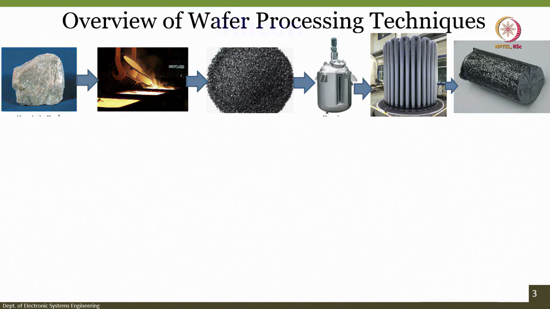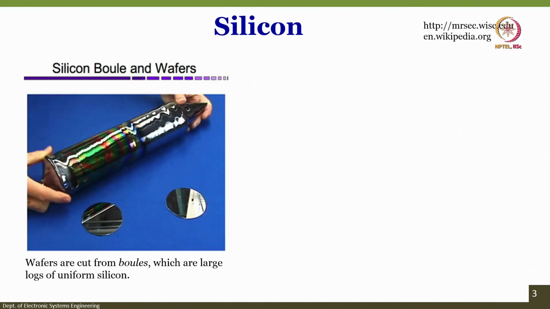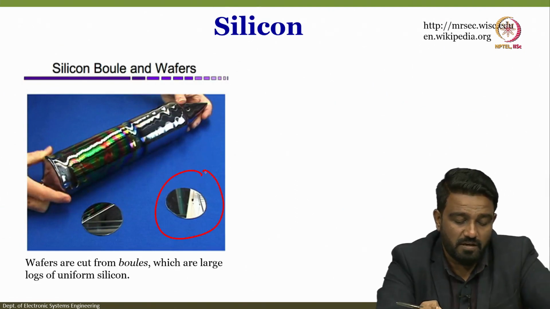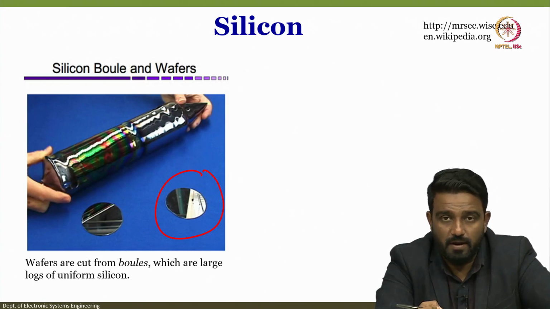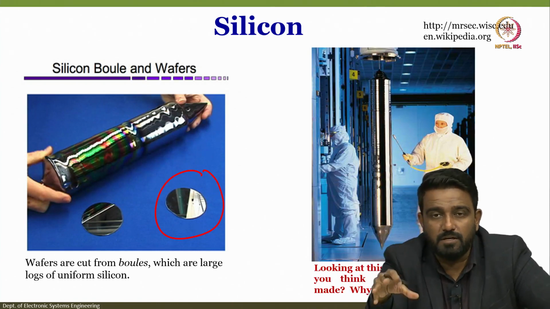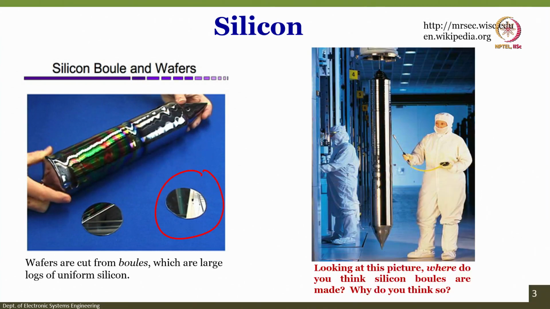Now, silicon boules and wafers, as you can see. Wafers are cut from boules, which are large logs of uniform silicon. But the question is that looking at this particular image, where do you think silicon boules are made and why do you think so?